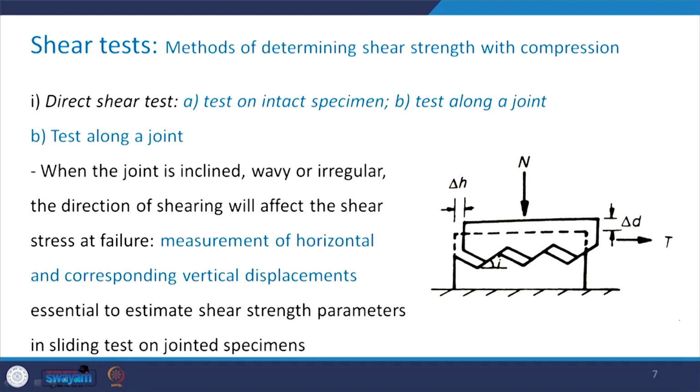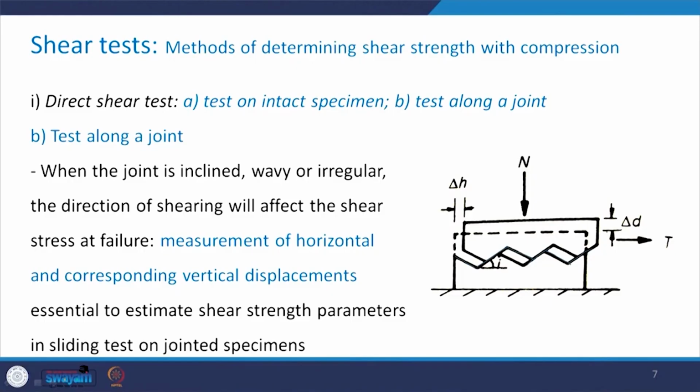Till now we discussed the smooth plane. First it was horizontal, then we made that smooth plane an inclined plane. Now, if the joint is inclined, wavy or irregular, the direction of the shearing will affect the shear stress at failure.